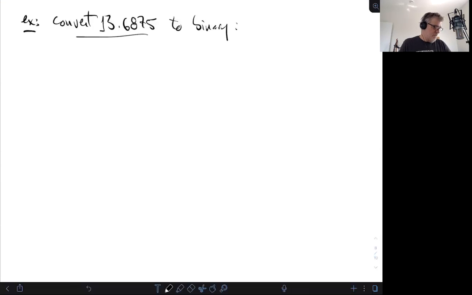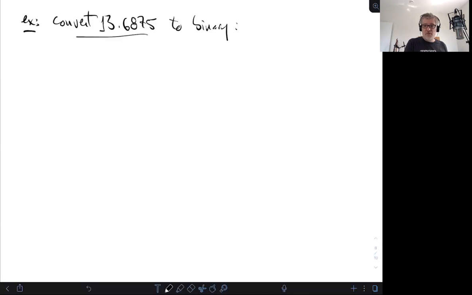So how do you do an arbitrary number now? Here's an example. Let's say that I want to convert 13.6875 to binary. There's a 13 here. I want to convert this decimal number to binary. What do I do?